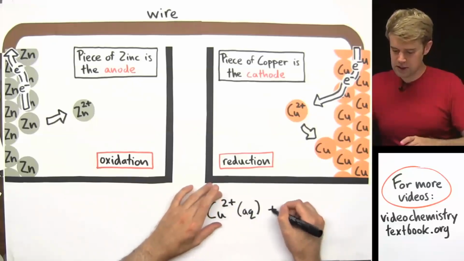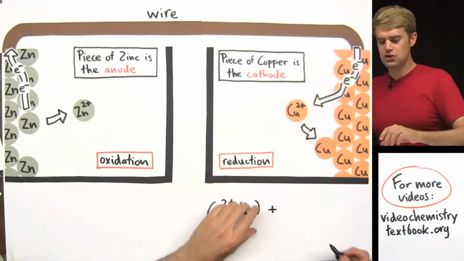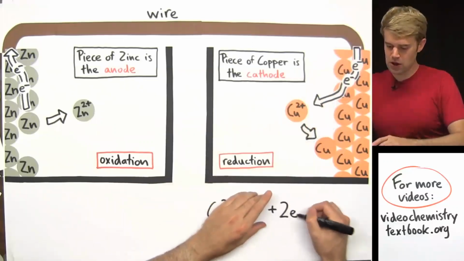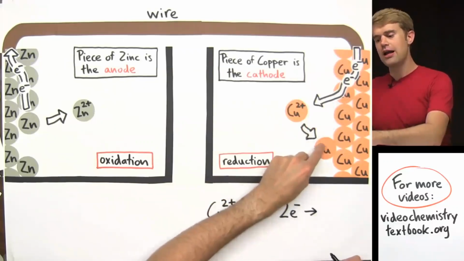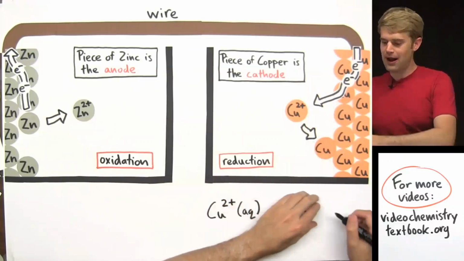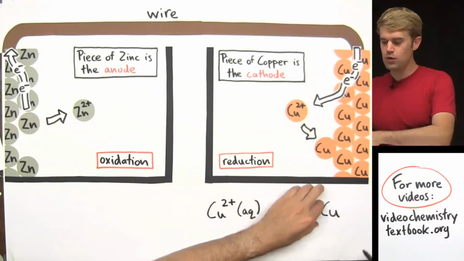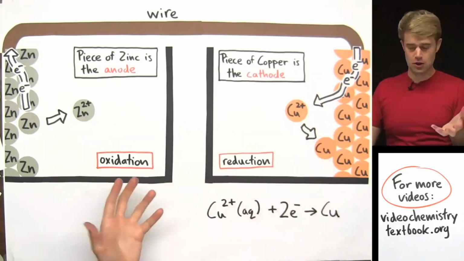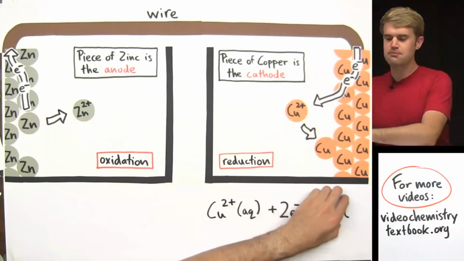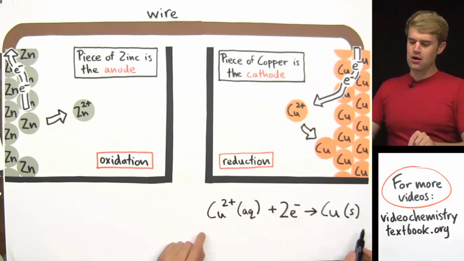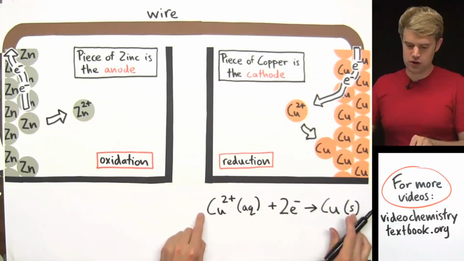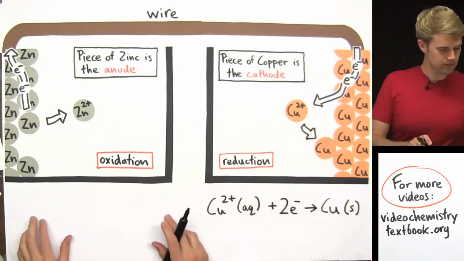Now, this Cu2+ gains 2 electrons, so I'll write plus 2e-, and that gives us a neutral copper atom. So I just write Cu with no charge after it. That shows that it's neutral, and then it's part of the solid metal, so I write an s after it. So this is the reaction for the reduction process.